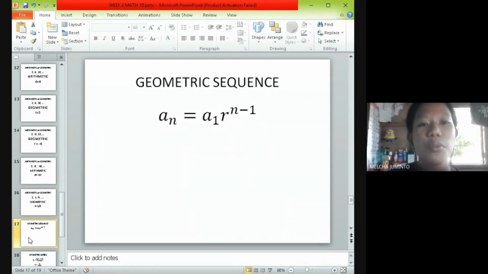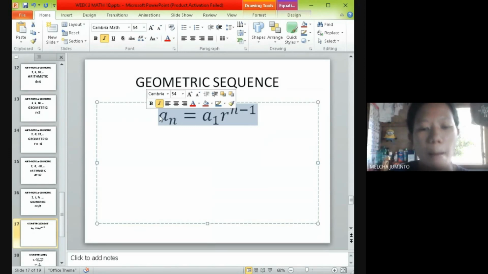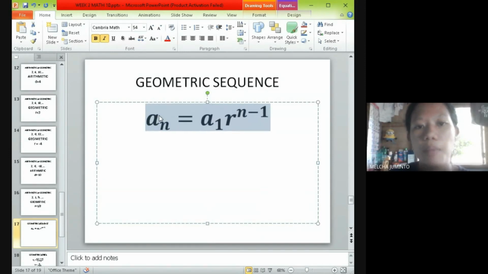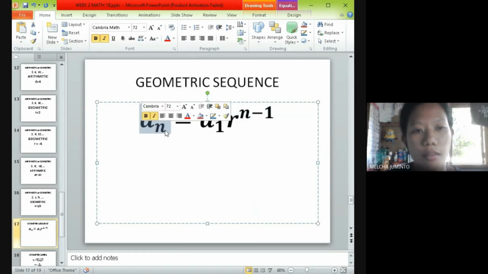Let us move to geometric sequence, the formula. So you can find this in your learning activity sheet, the given formula. And there are some examples in your activity sheet which show how the formula is being used to find the nth term of the geometric sequence. So we have a sub n, which is located on the left side of the equation.